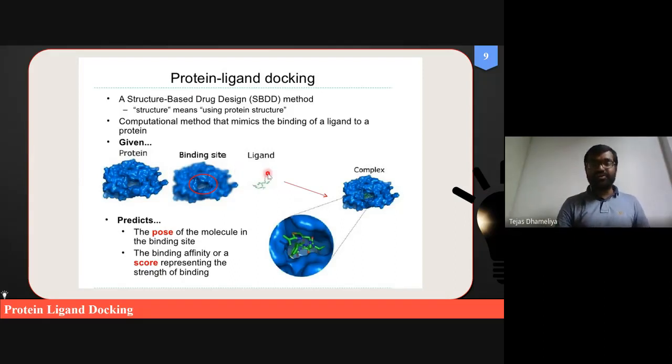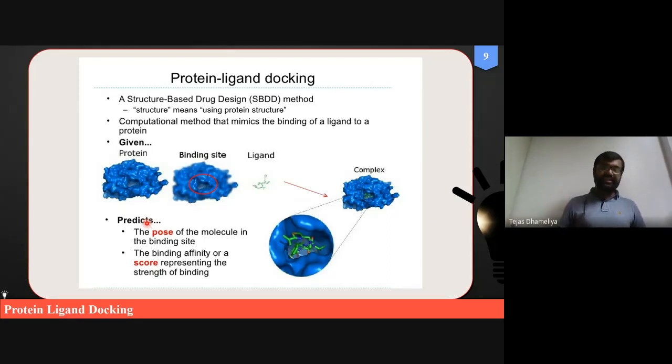Our ligand molecule, which is our drug molecule, will bind to this active site and make the drug receptor complex. If we zoom in on this drug receptor complex, it will look like this, where the molecule has been bound suitably and fits well into the active site of the enzyme. That is what we call molecular docking.